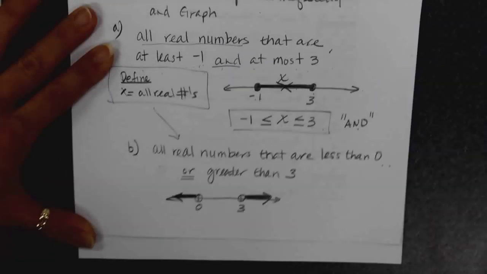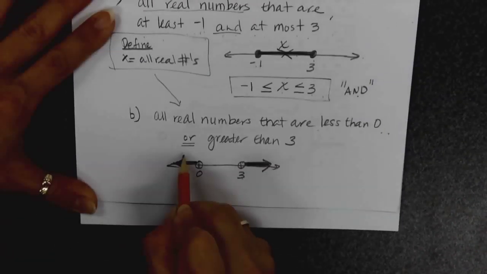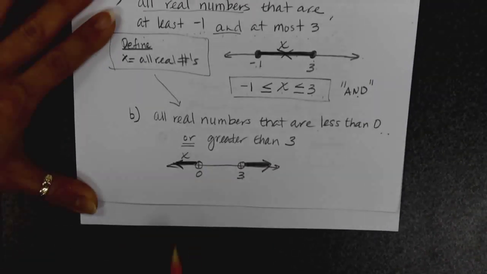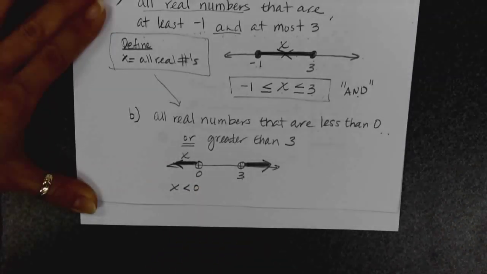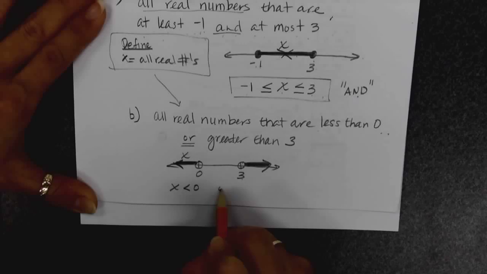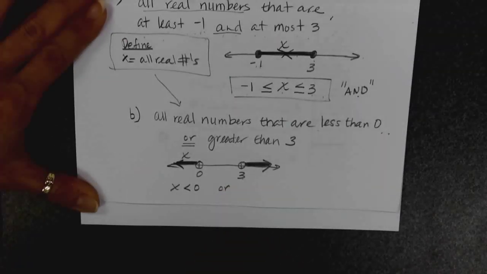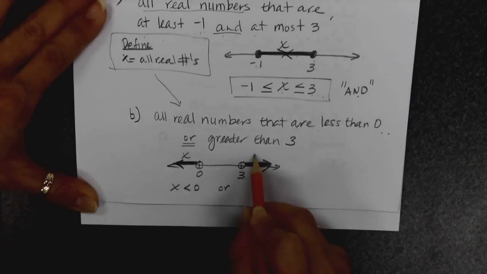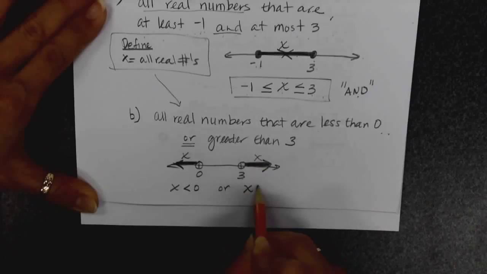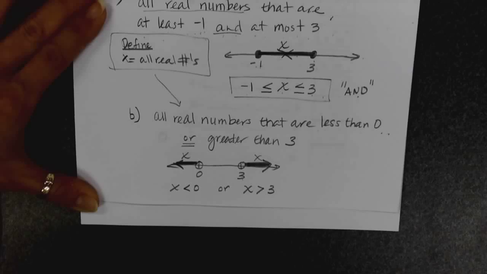And when you write your inequality, here's my x. So x is less than 0, or, you actually use the word or in your compound inequality, and then here's my x, x is greater than 3.